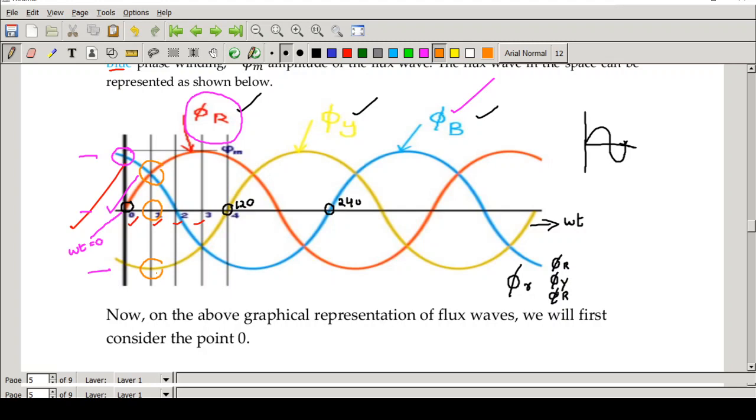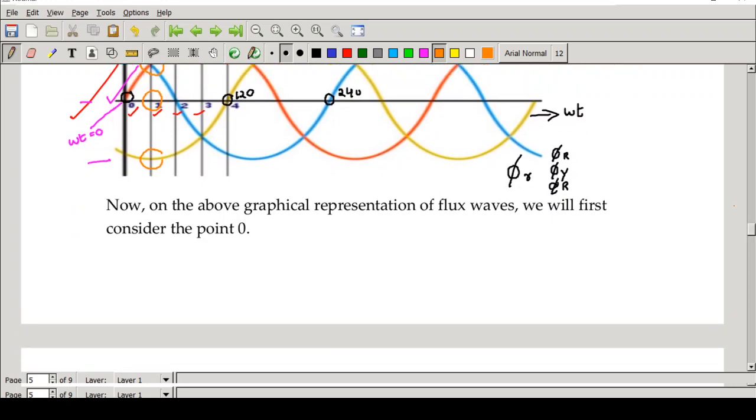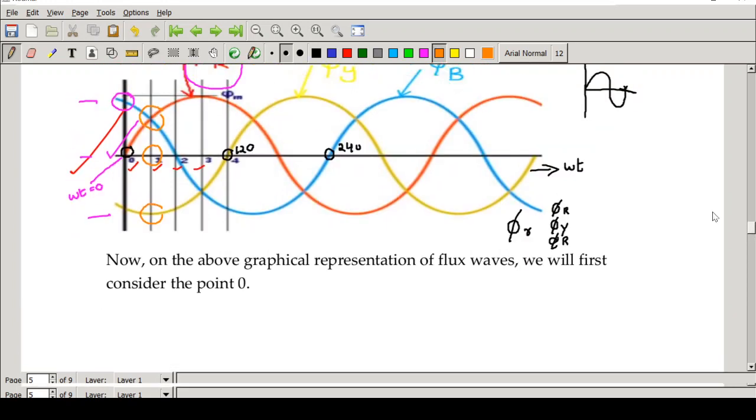So we have to find the resultant of 3 vectors. Now let's substitute. What is the value of omega t at point 2? Here it is 30. At point 1 omega t was 0, but here it is 30. So I will substitute in those equations.